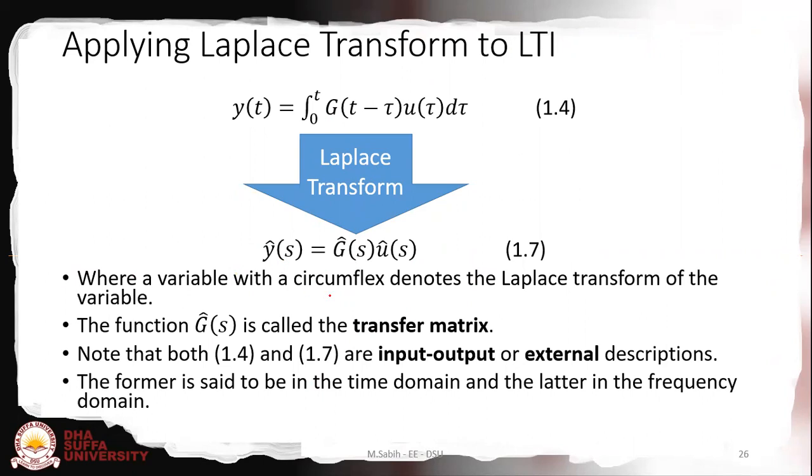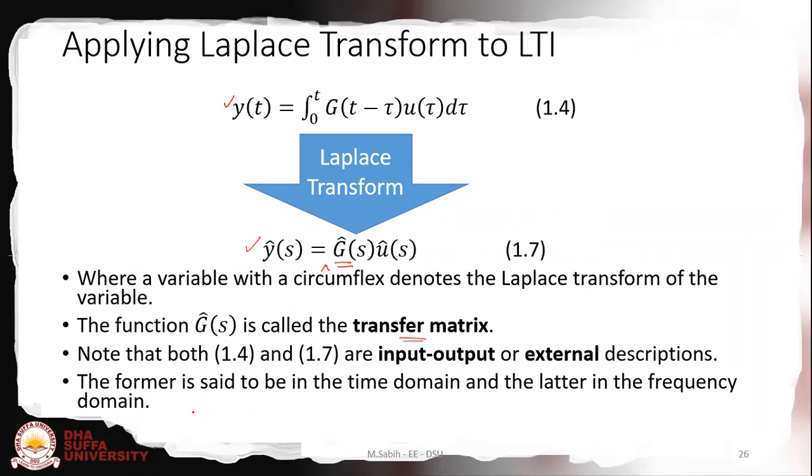So where this circumflex, this small hat here, is denoting the Laplace transform of the same variable. So if this is a time domain variable, we have the S domain, Laplace domain variable with this circumflex. So this G is called the transfer matrix, and note that both 1.4 and 1.7 are the input-output, or external, descriptions.